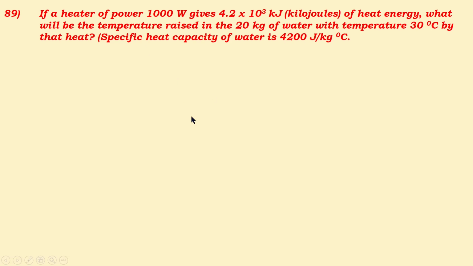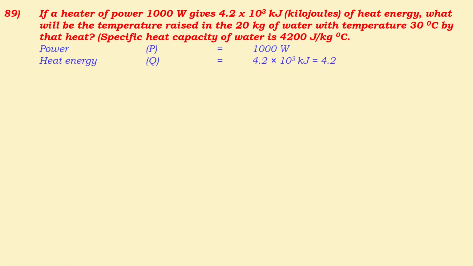Looking at this numerical problem, here 1000 watt power is given, but the use of this power is not in the numerical problem. We have given heat energy directly, and this much heat energy has to be used in the equation. Power doesn't have any use in this numerical problem.